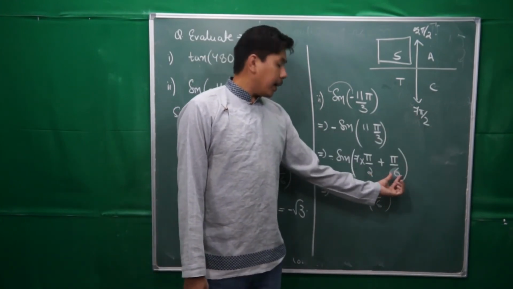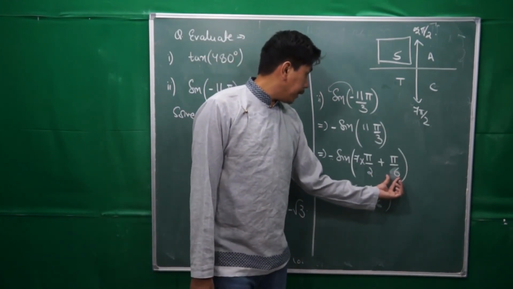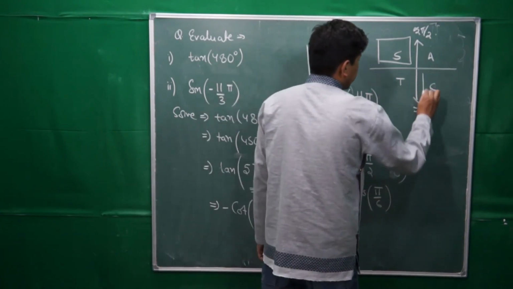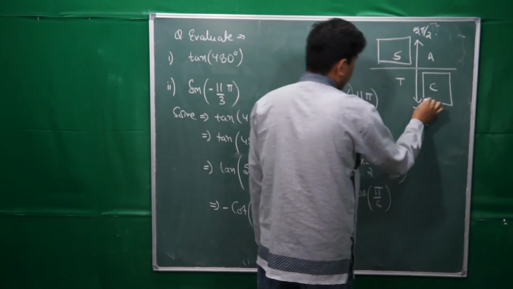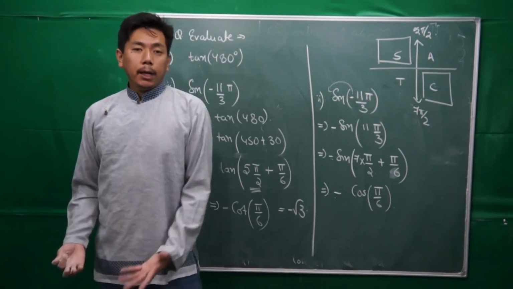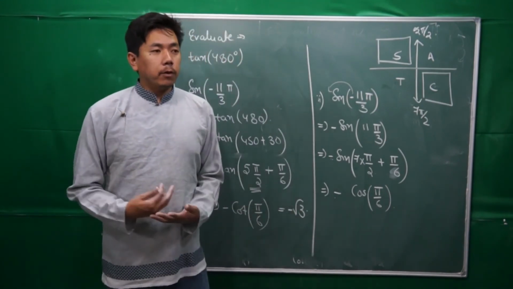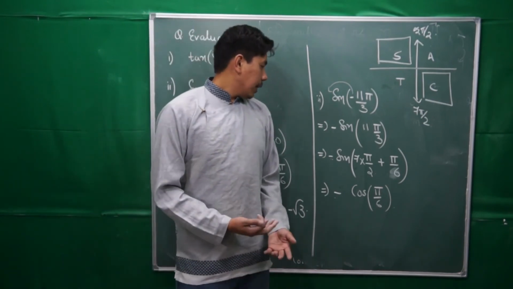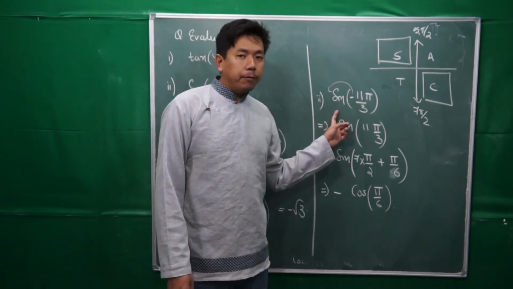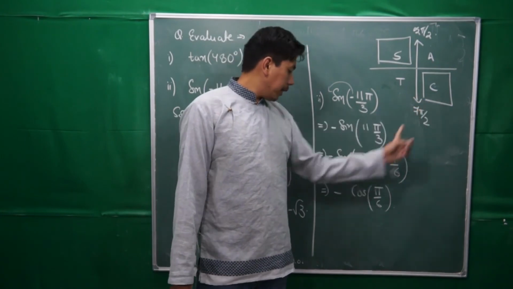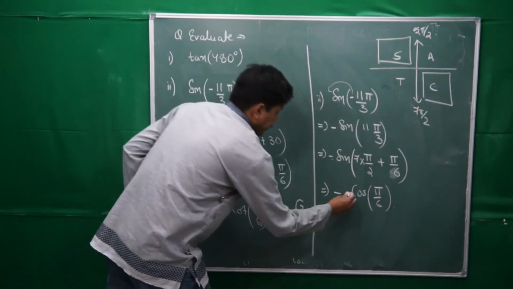Now what is being added over here? Pi by 6 is being added. So in which region is it going to be? In this region. What is the value? It is going to stay positive in this region only for the ratios of cos and sec. And what are we trying to find? We are trying to find sine. Therefore it would be negative.